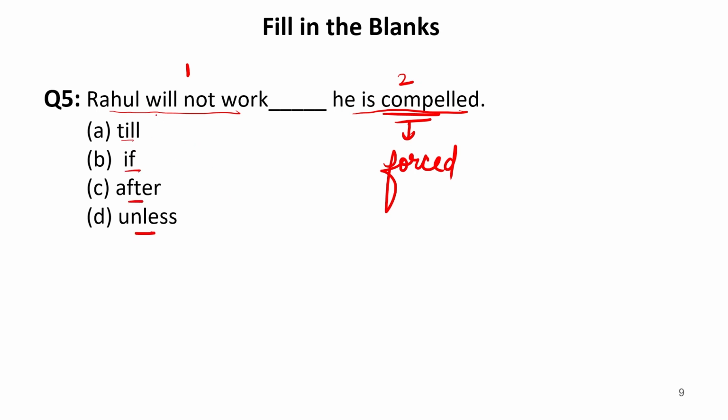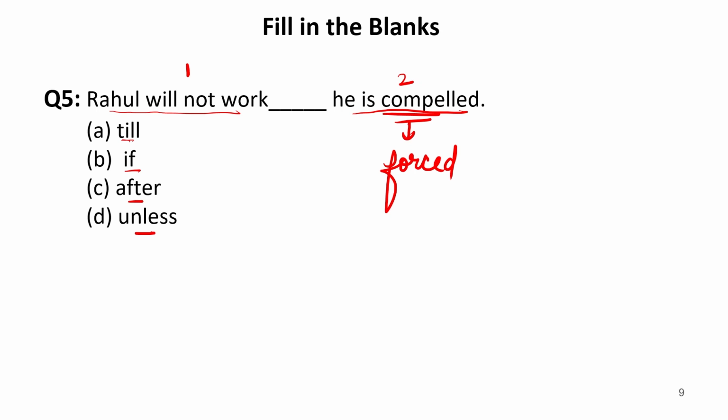Now let us take all the conjunctions one by one. Suppose we take till. Rahul will not work till he is compelled. The word is suitable, but till is used in case of the situation of time. In case a time limit is given, there we use till.